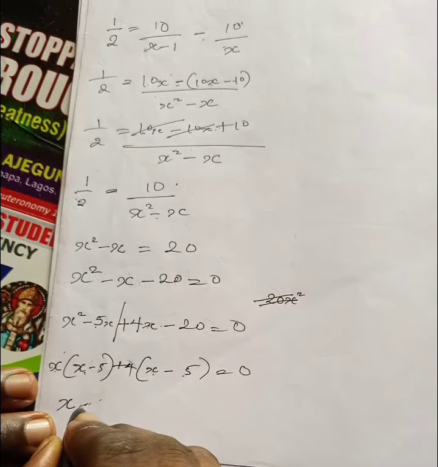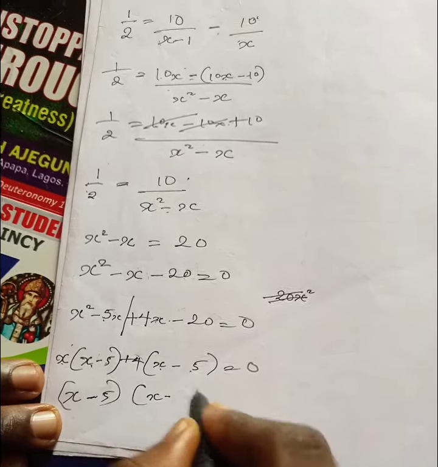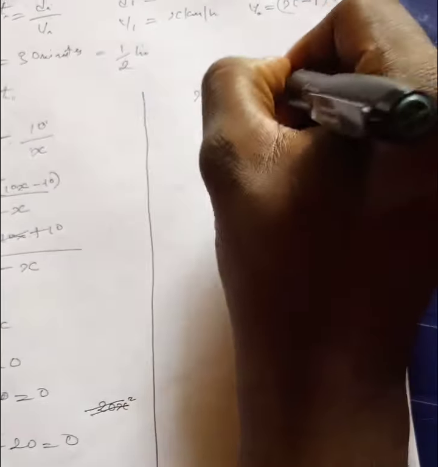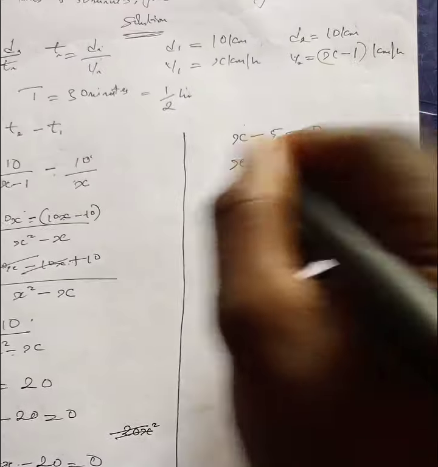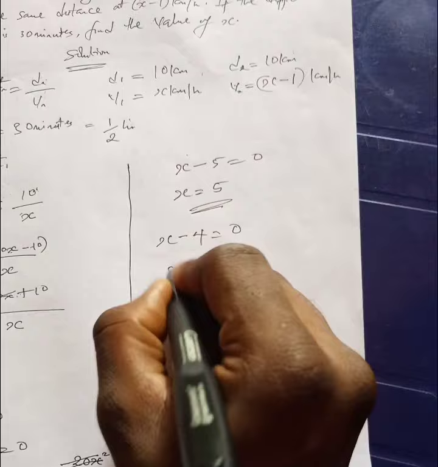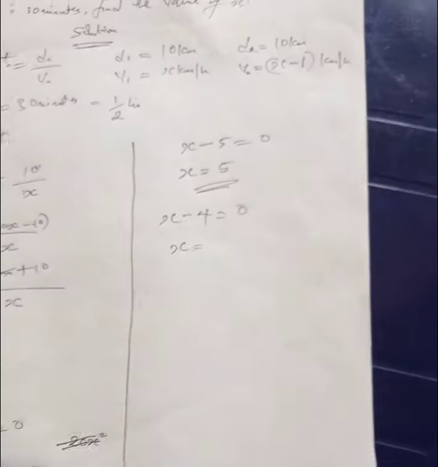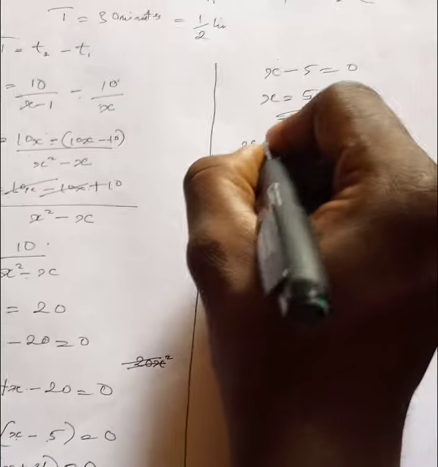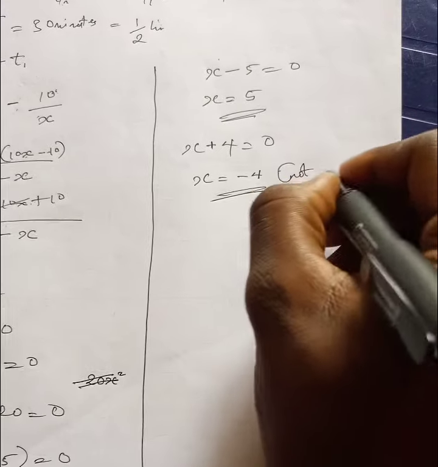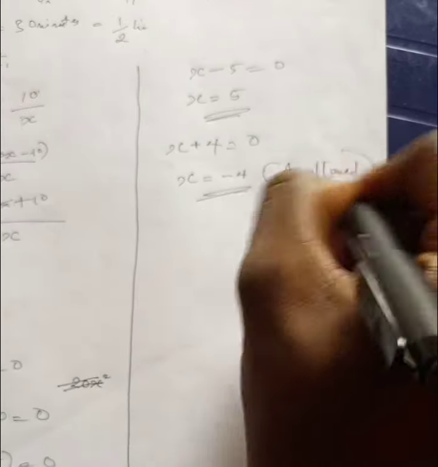Our equation becomes (x minus 5)(x plus 4) equal to 0. So x minus 5 is equal to 0, x is equal to 5, which is the answer. Since x plus 4 is equal to 0, x is equal to minus 4, and a negative is not allowed. So this is my answer, 5.